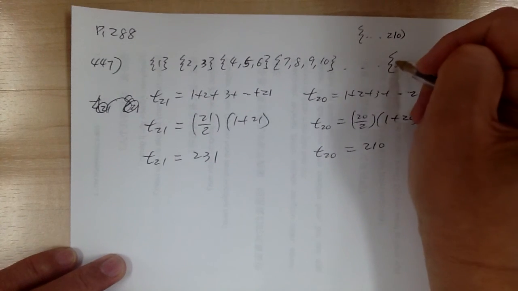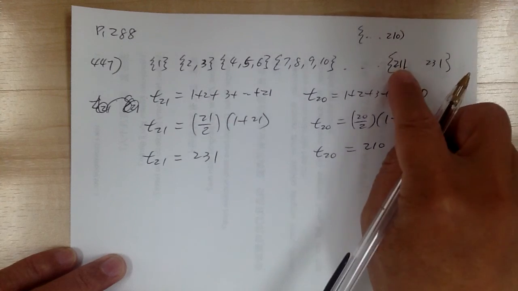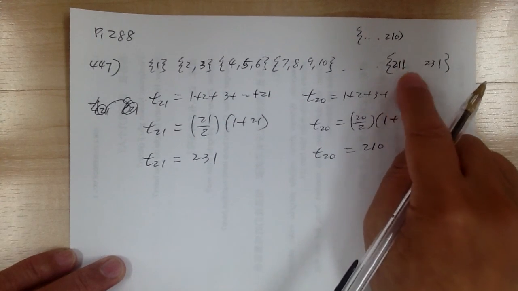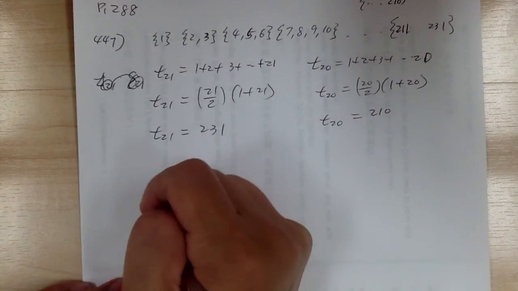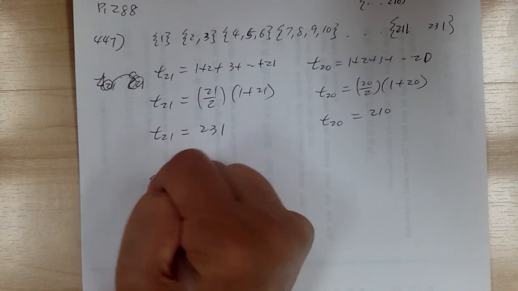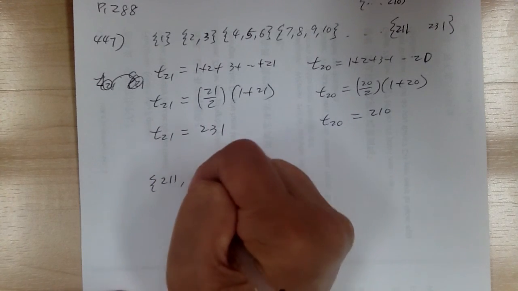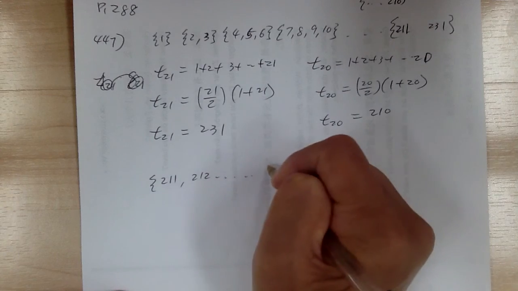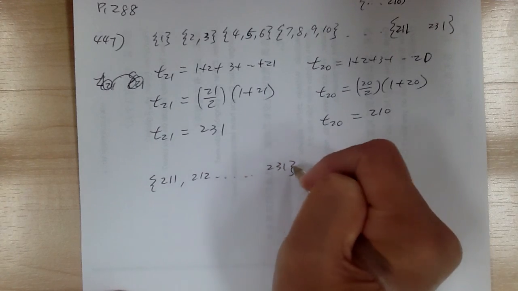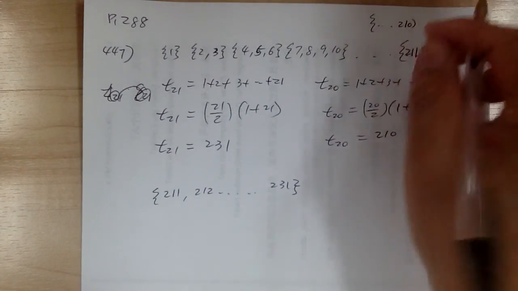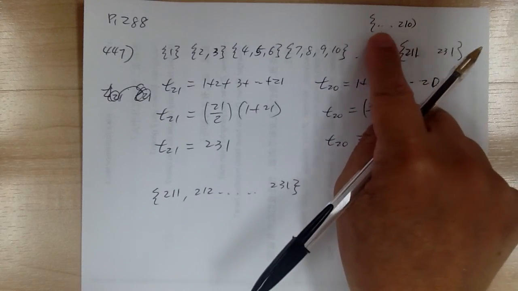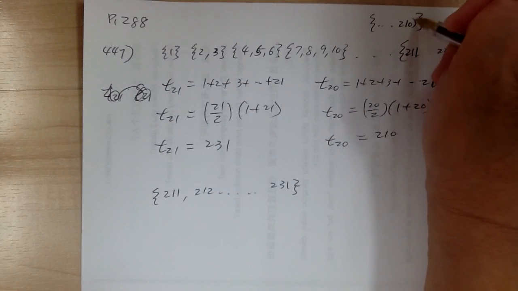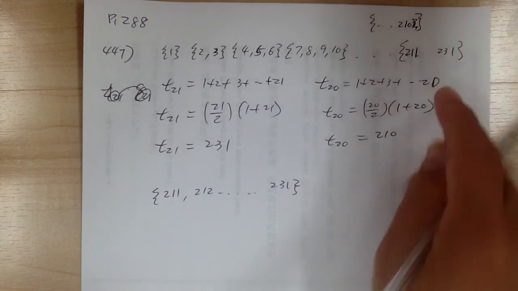So that means this number will be 211. So the set that we're looking for is 211, 212, up to 231. So you need to find out what number each set began and what number it ends.